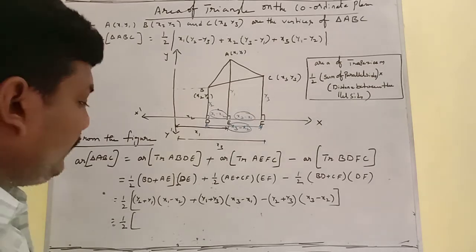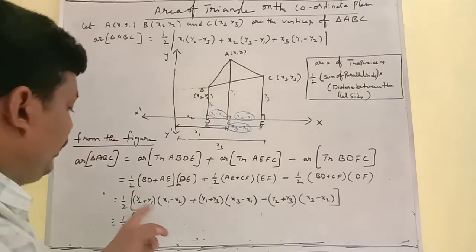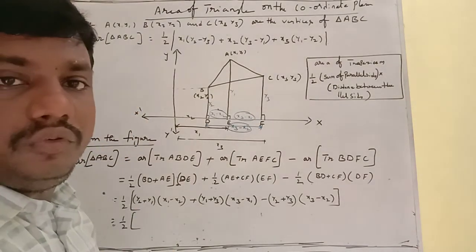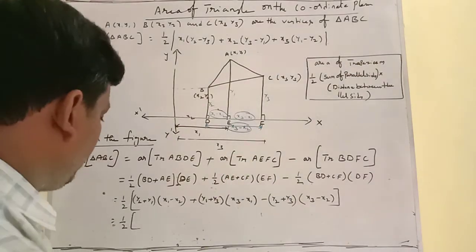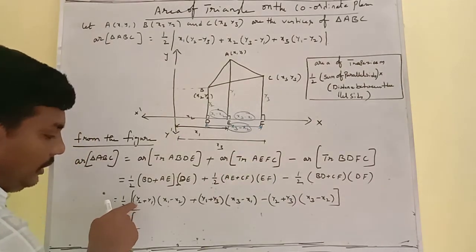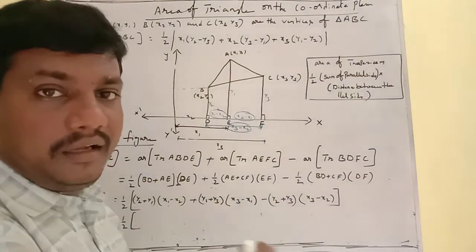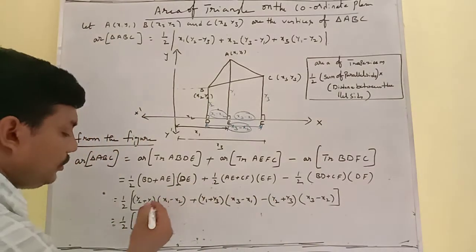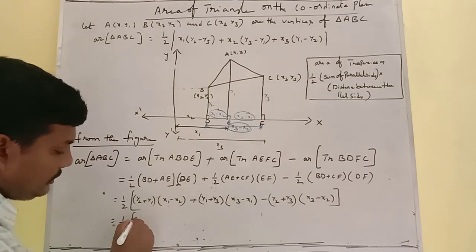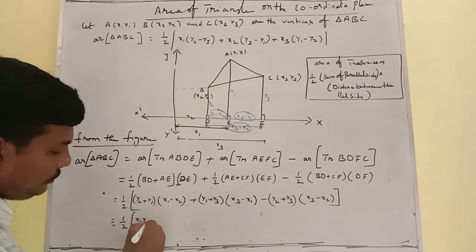Now from this half into, when you multiply the variables, I am going to follow ordered variables first. If I multiply y2 into x1, I can write x1 y2 because it is easier to keep in order. Y2 into x1 is x1 y2.